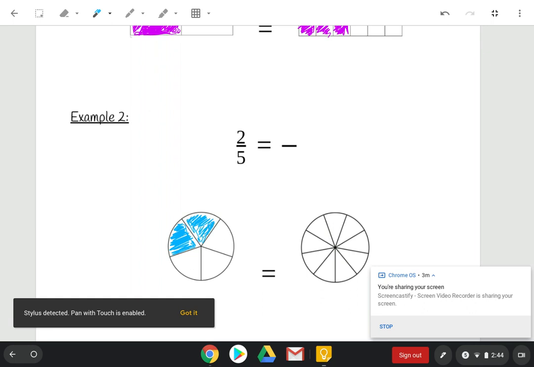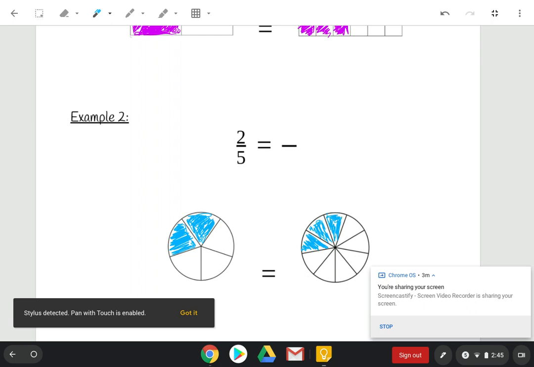So that's 2/5. Now let's go over to the right hand side. I have the same size circle divided up differently. I'm going to shade the same area in this circle on the right. And that will allow me to know 2/5 is equivalent to what ratio or what fraction.